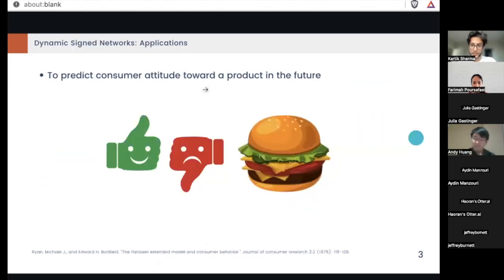The second application is modeling consumers' attitude towards a product, because a consumer has signed beliefs, can like or dislike a product. Based on these likes and dislikes as a bipartite network, we would like to predict their attitude towards a product in the future.